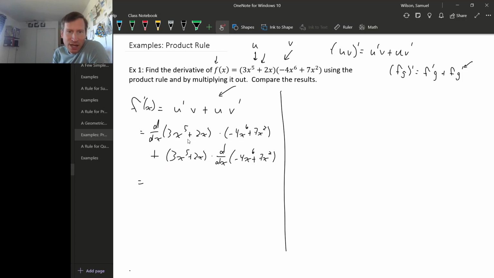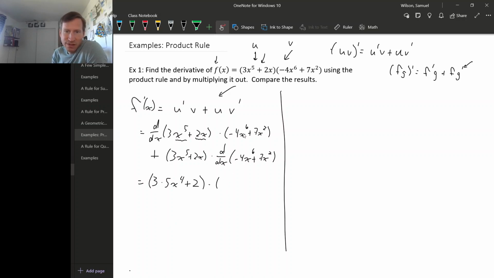Okay, now this first derivative, we can just use the sum rule and the power rule. So on this first piece, the constant multiple just moves outside the derivative, and then derivative of x to the 5th is 5x to the 4th, plus, and then derivative of 2x, that 2 moves outside the derivative, and the derivative of x is 1, so just 2 there.